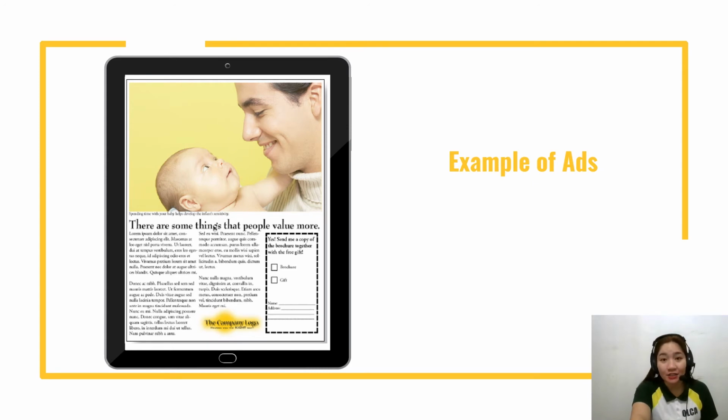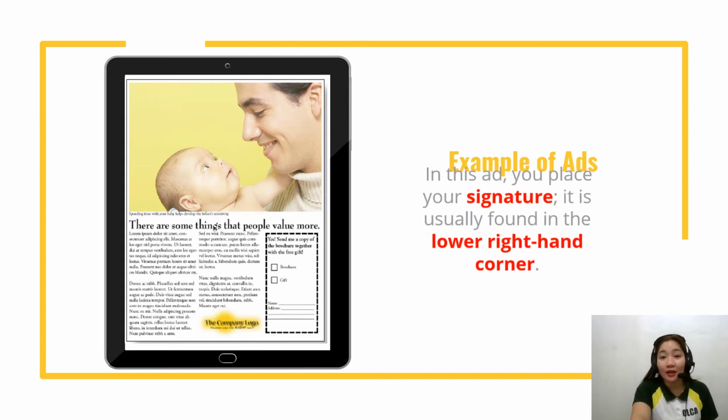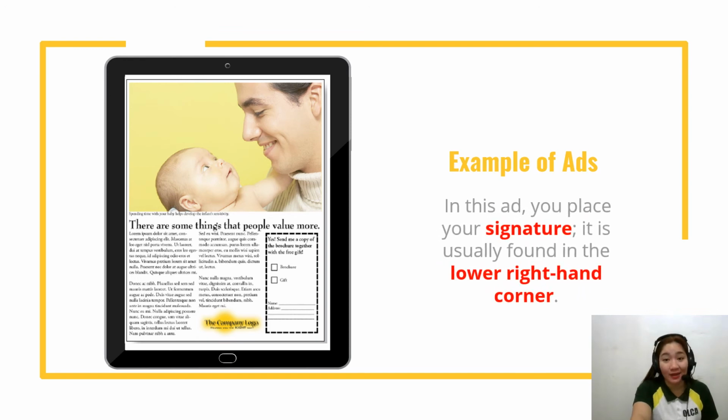So as a designer, you need only to use your discretion to see which would be more of an eye catcher. Also, class, adding a coupon would increase responses. So in this ad class, you place your signature. Okay, so it is usually found in the lower right hand corner.